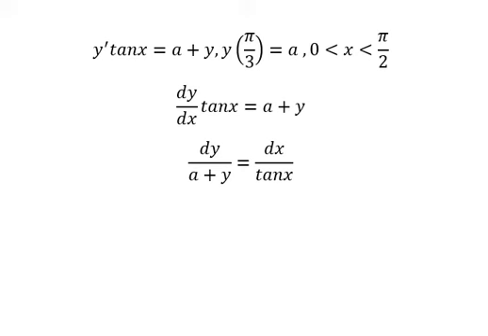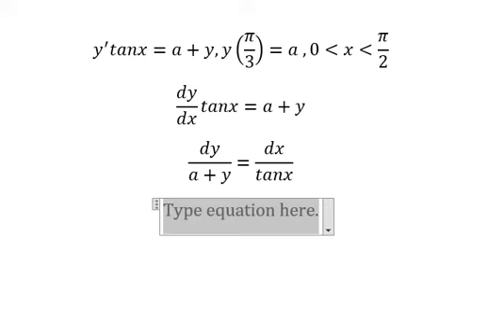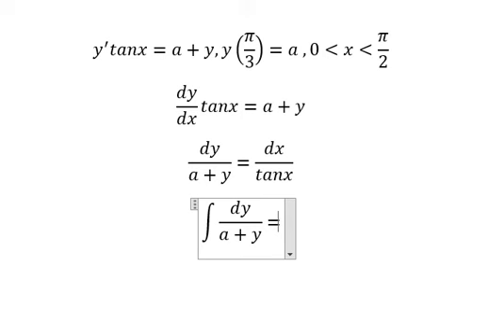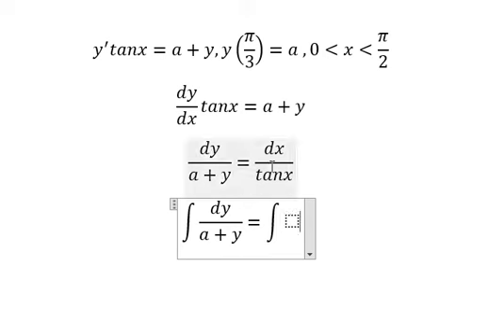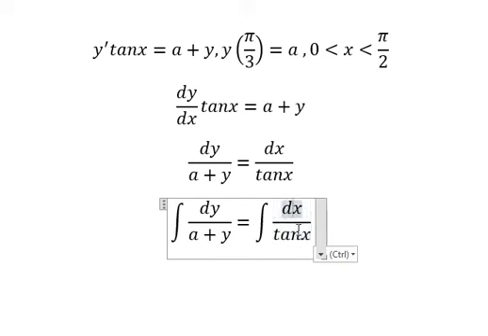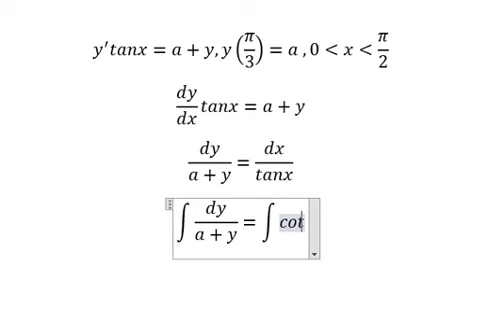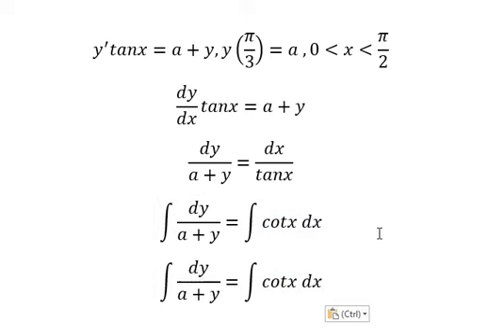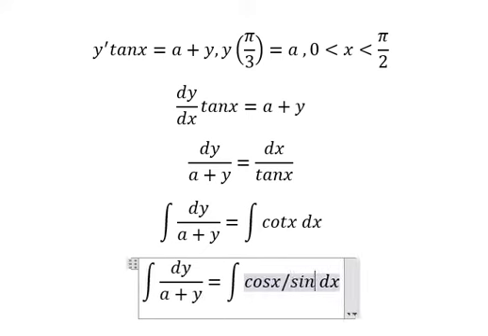Next, we put the integration for both sides. This one we can change into cotan s ds, and we know that cotan s is cosine s over sine s.